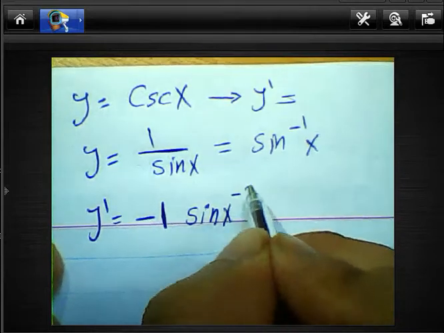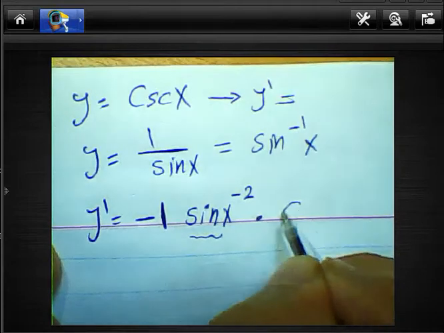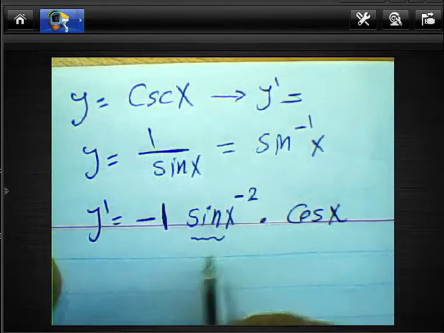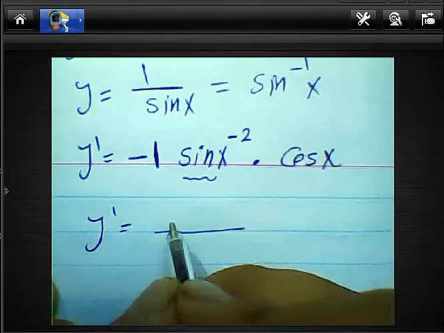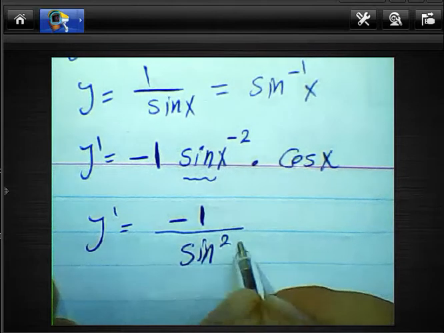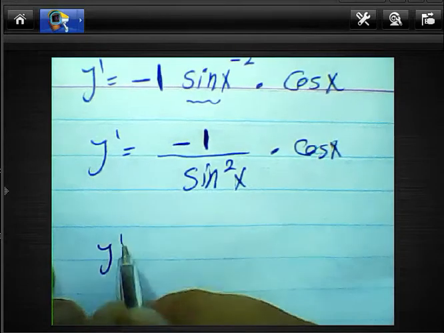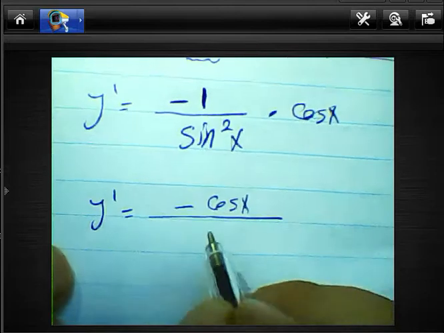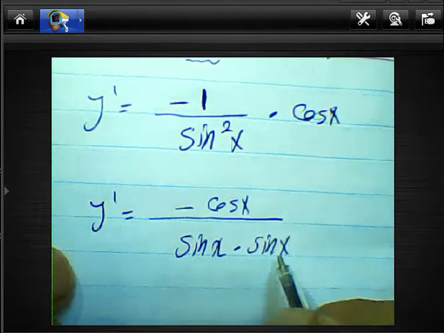The result will be negative 2, and the derivative of sine x will be cosine x. Okay, we write it in the denominator and write negative 1 over sine squared x dot cosine x. Then y dash will be negative cosine x over sine x dot sine x.